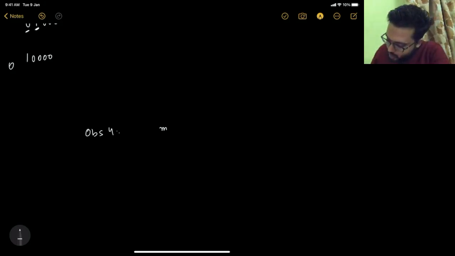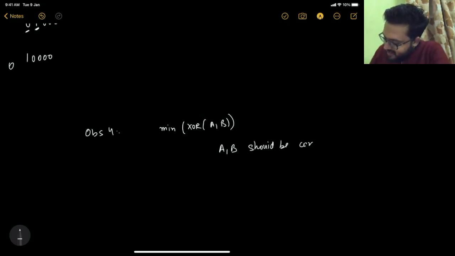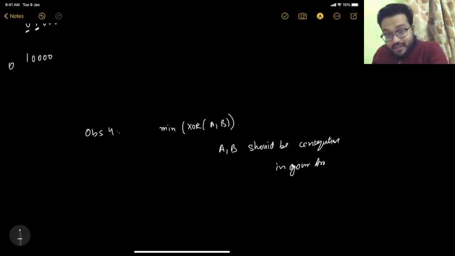This claim essentially, in normal English, means only look at adjacent pairs. What does it mean? Let's look at our input once again. Our input was 1, 4, 5, 2, 3. It means that 2 can hope to give you the least XOR only with 3 or with 1.